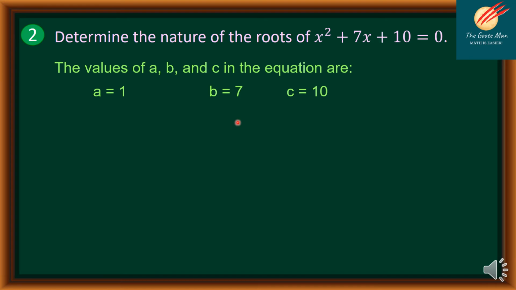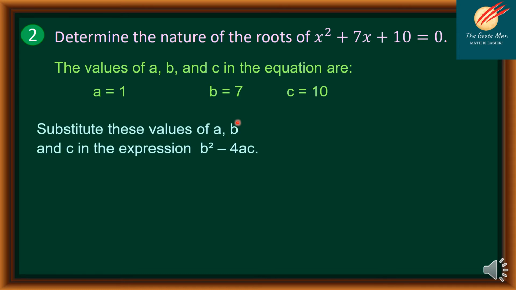Now that we know the values of a, b, and c respectively, we can use this in order to find the value of b squared minus 4ac. So let's substitute. We have b squared minus 4ac is equal to 7 squared minus 4 times 1 times 10. Simplifying it further, 7 squared will give us 49 minus 40.